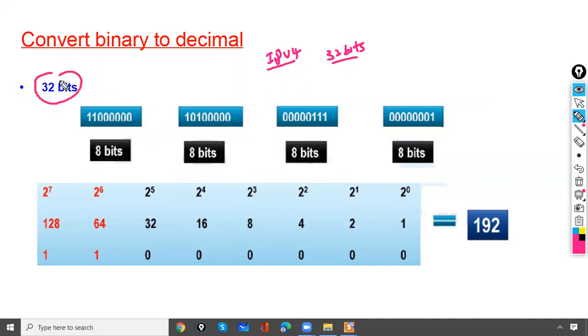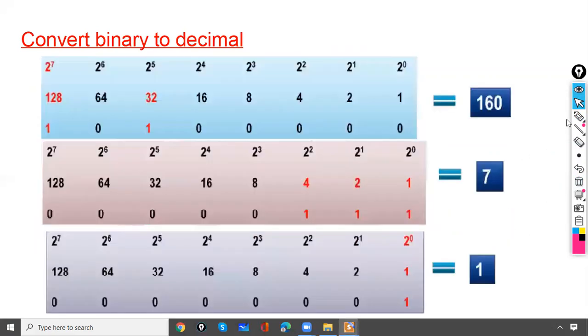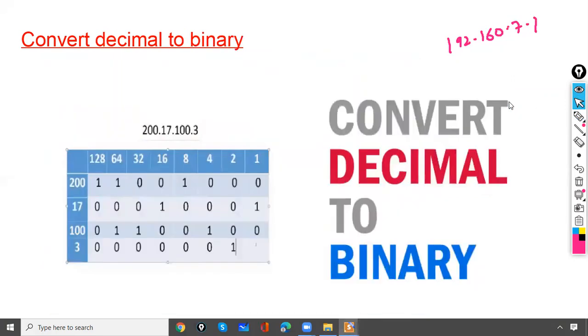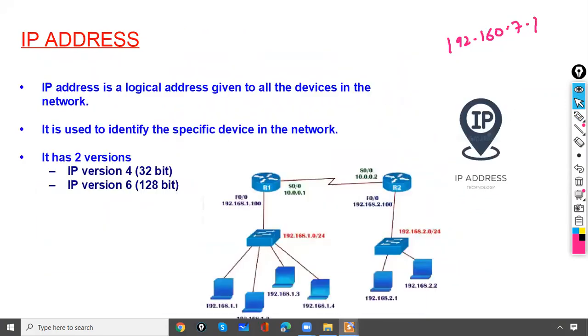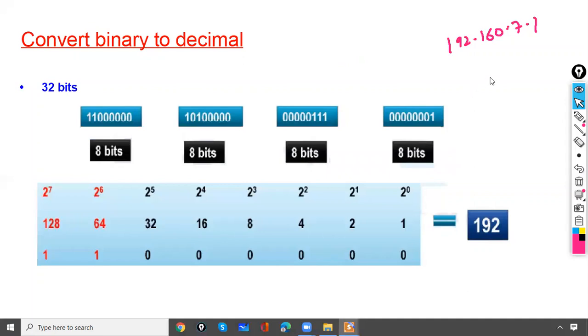In this example, we have one IP address, and this IP address is 192.160.7.1.